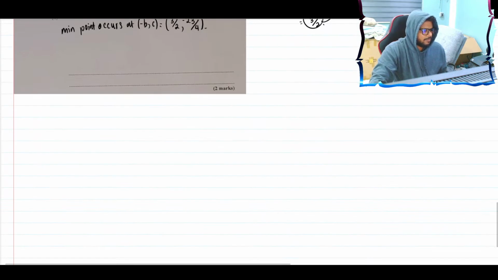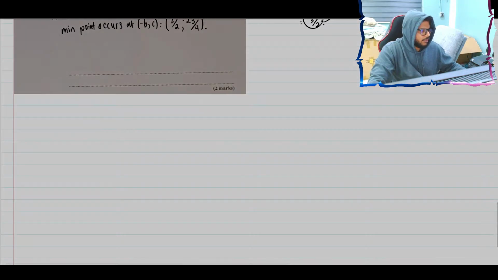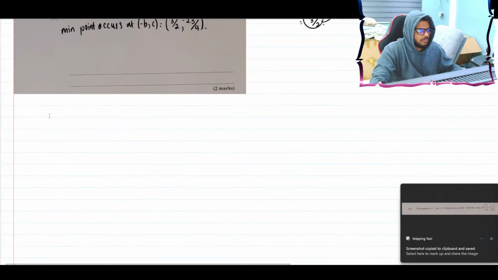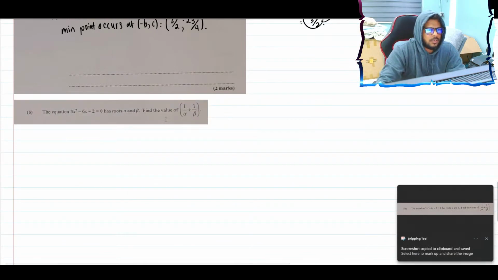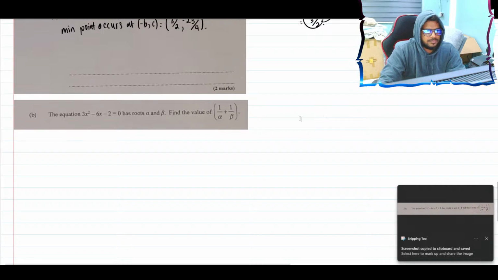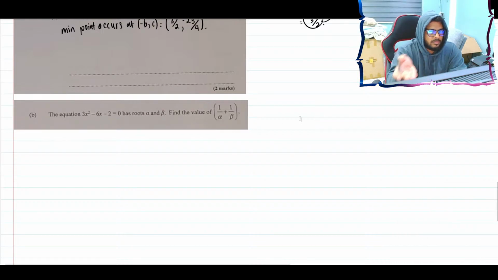All right, part B. Alpha beta. The equation has roots alpha and beta, find the value of... all right, manipulation of roots, look-up thing. 3x squared minus 6x minus 2 is equal to 0.